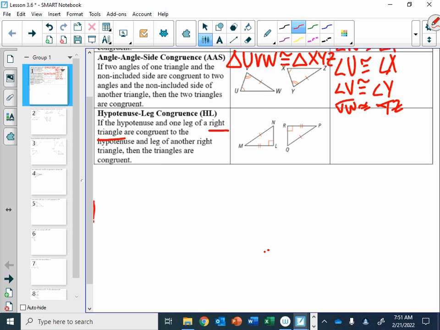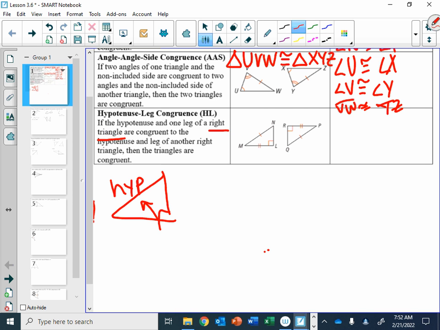So remember, if I have a right triangle, the hypotenuse is always whatever side is across from the right angle, if you need to make a note of that. So if the hypotenuse and one leg of a right triangle are congruent to the hypotenuse and leg of another right triangle, then the triangles are congruent by hypotenuse leg.